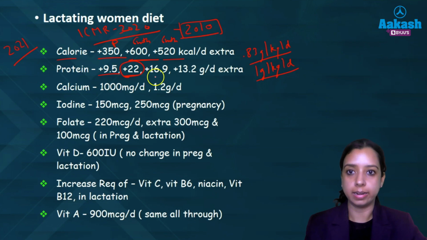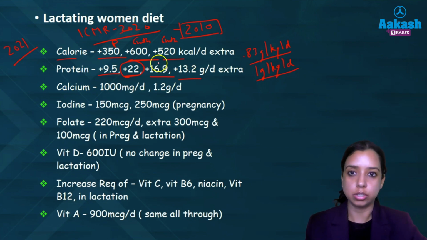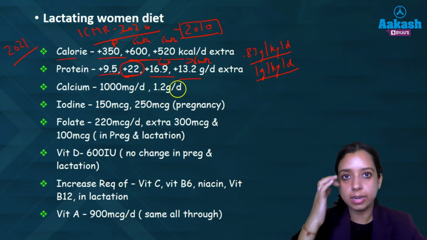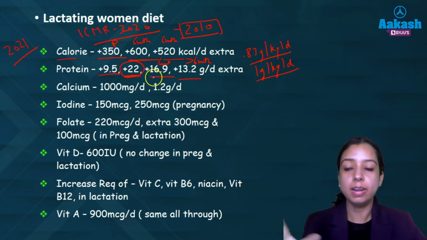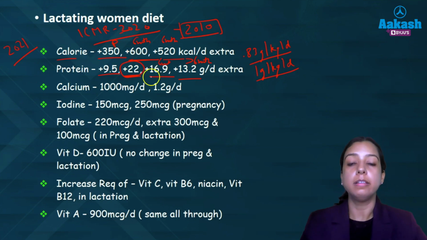It reduces in lactation to 16.9 in the first 6 months, and further to 13.2 after 6 months. So protein supplement is definitely higher in lactation compared to a non-pregnant woman. But compared to a pregnant woman, the protein supplement needed in lactation is less. Whereas calorie in a lactating woman is high.